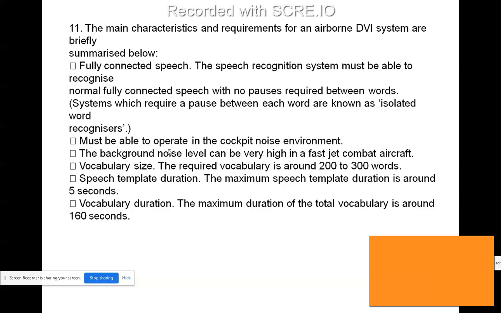A template is nothing but one small message: your entire message will be divided into small templates, so that each template has only 5 seconds. So the entire vocabulary duration will be around 160 seconds.